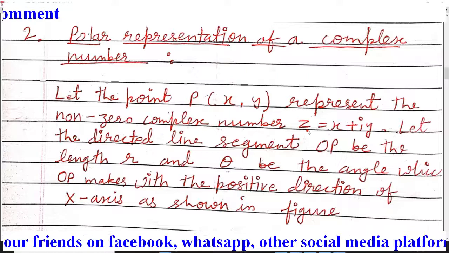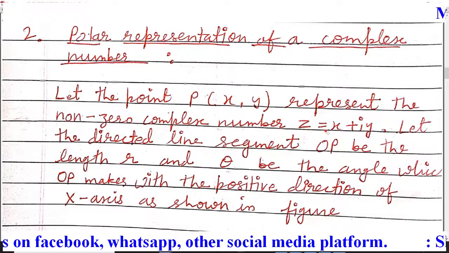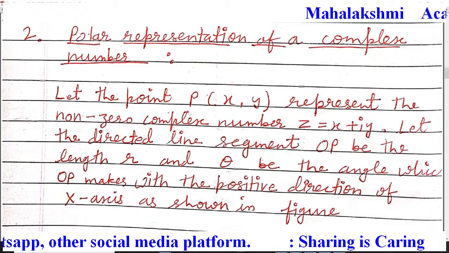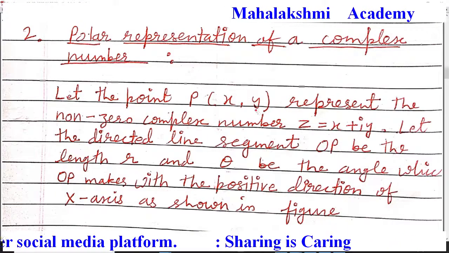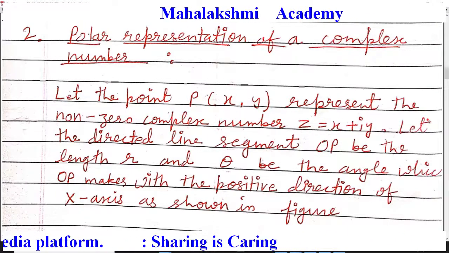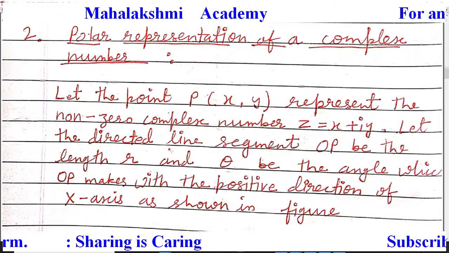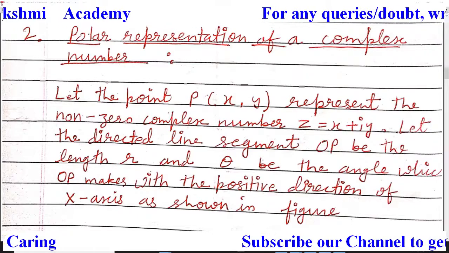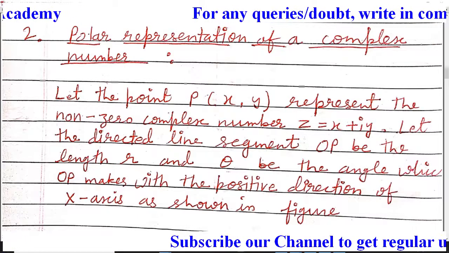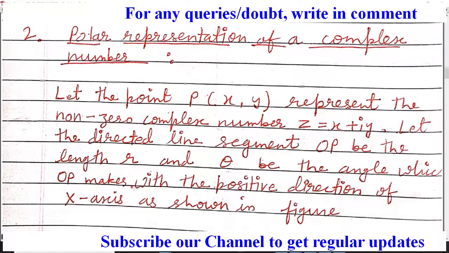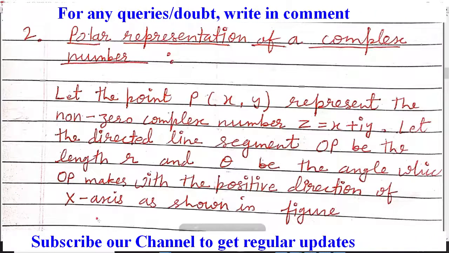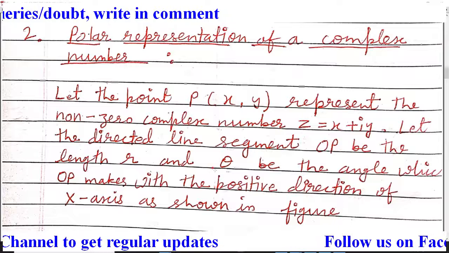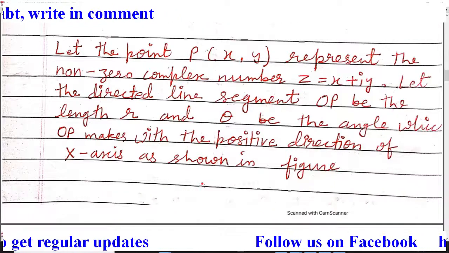This we already understood: if a complex number has to be represented in the Argand plane, then the ordered pair is going to be (x, y), and we assume that point as P. Let the directed line segment OP be of length r, and theta be the angle which OP makes with the positive direction of the x-axis as shown in the figure.